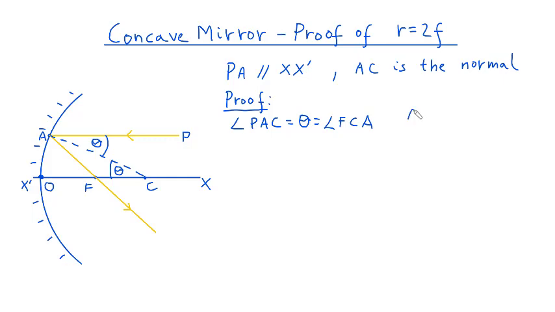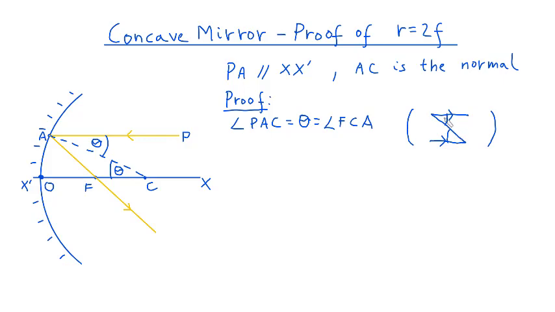So hopefully you can recall that when you have a shape like this, where this line here is parallel to this line here, these two angles are the same.